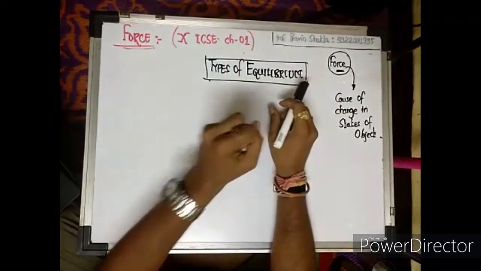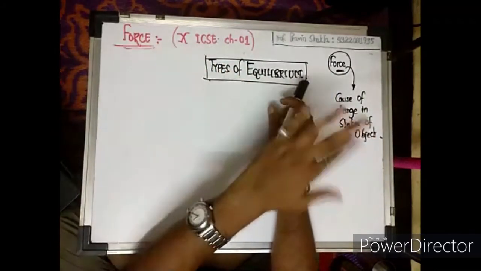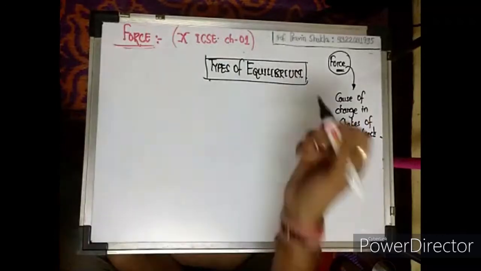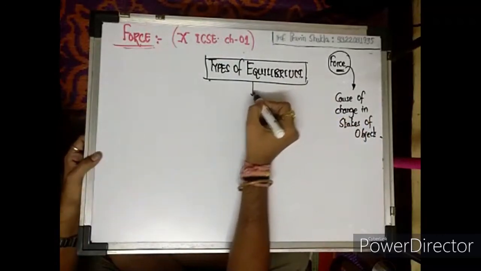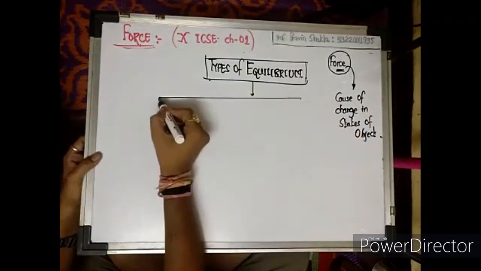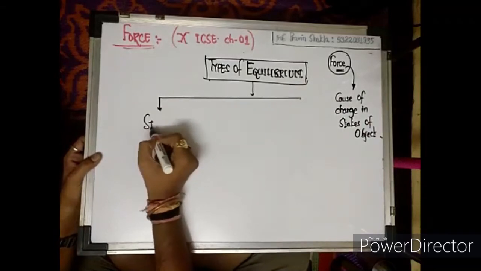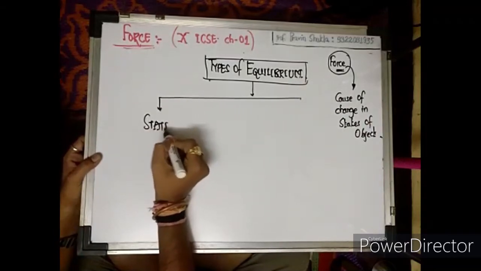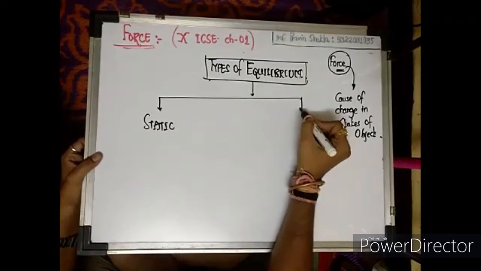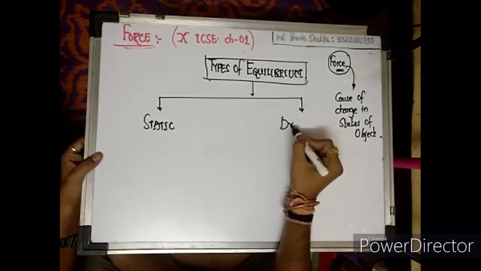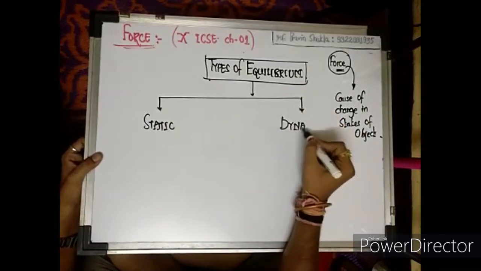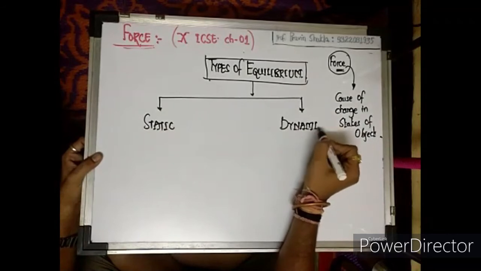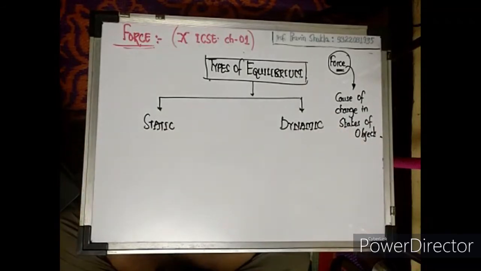So if the object is at rest, it will stay at rest. If it is in motion, it will stay in motion. That is the reason why we have 2 types of equilibrium. One is static. Anything at rest is called static. The other is dynamic. Anything in motion is called dynamic.